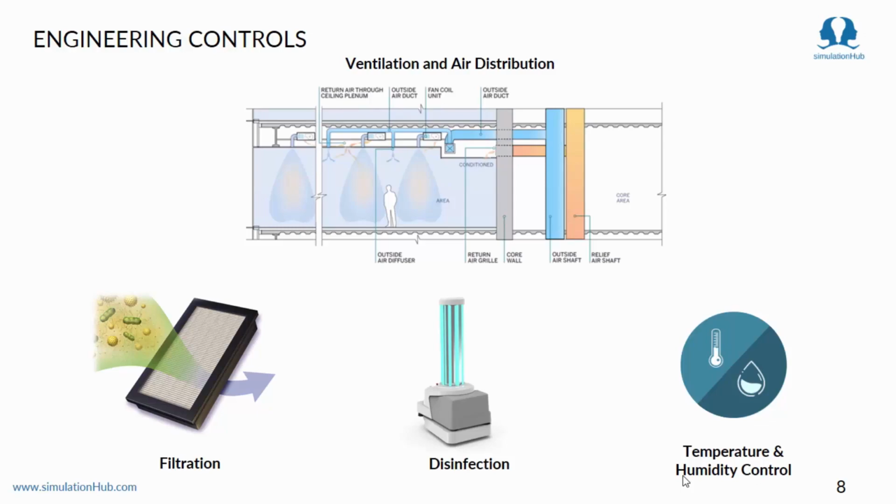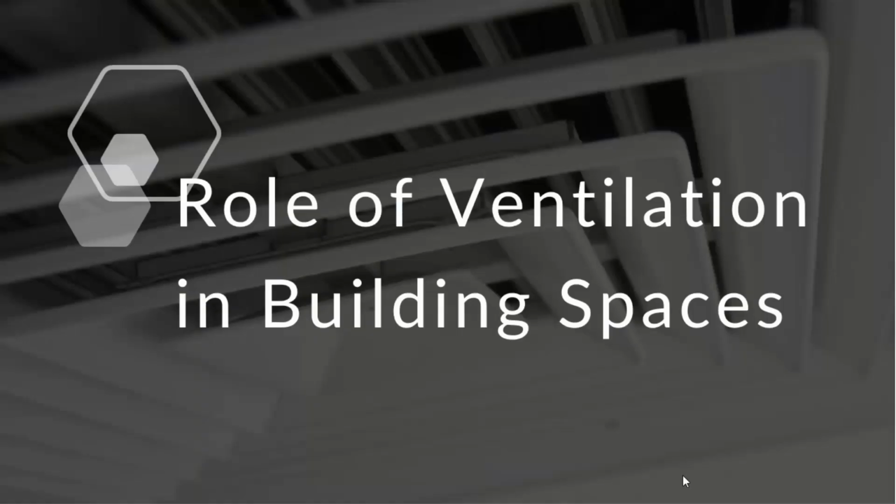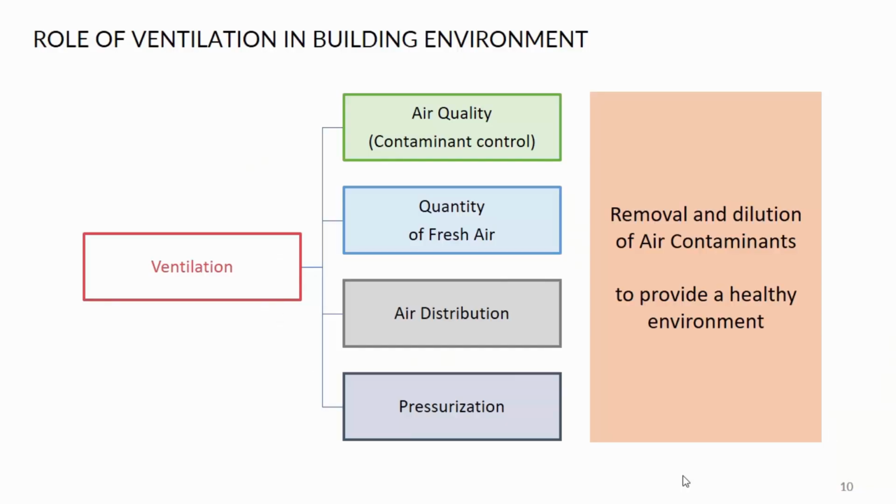So we'll see the role of ventilation in building spaces. There are four major roles of ventilation in indoor environments. The first one is to maintain good indoor air quality with contaminant concentration below acceptable level.